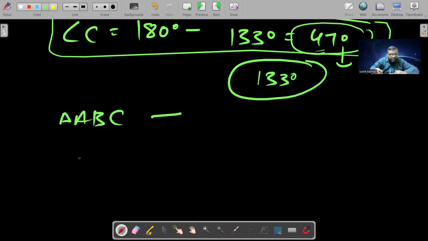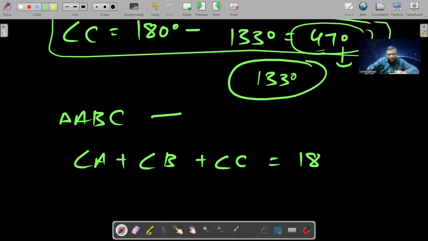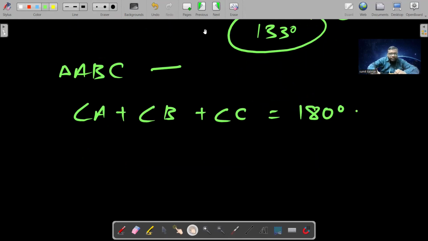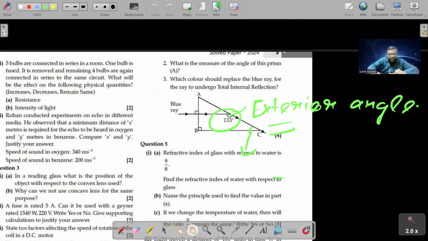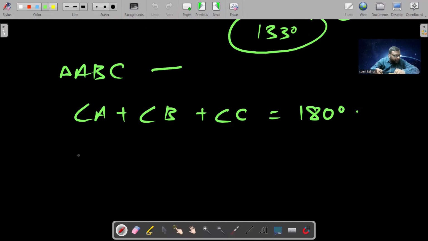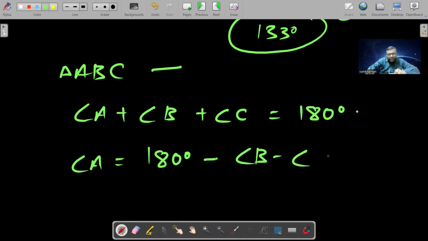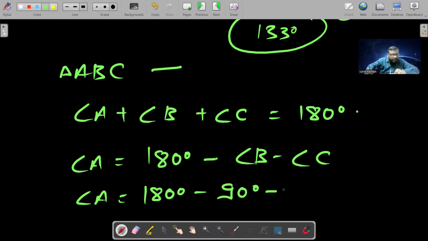And students, for the prism, triangle ABC, we know that the sum of angles is equal to 180 degrees. So here angle A plus angle B plus angle C is equal to 180 degrees. Here we know angle B is 90 degrees. So our angle A will become 180 degrees minus angle B minus angle C, that is 180 degrees minus 90 degrees minus 47 degrees.